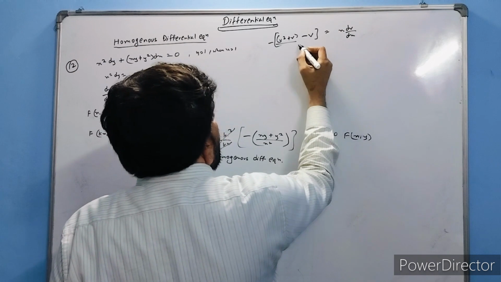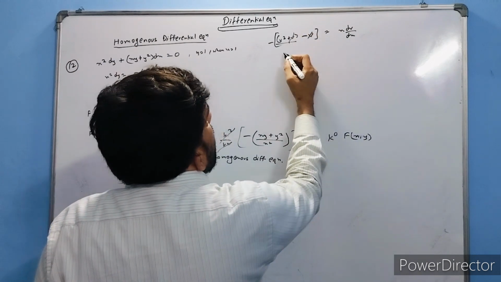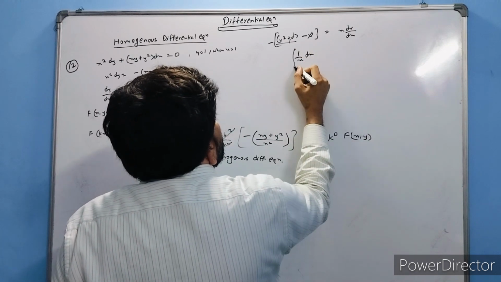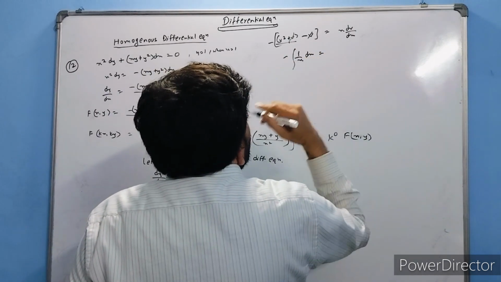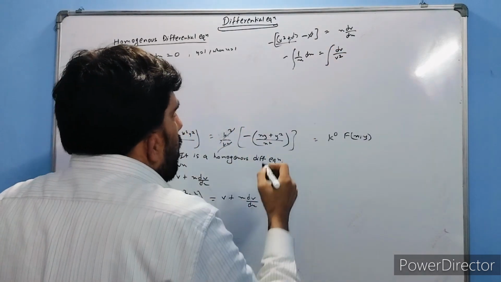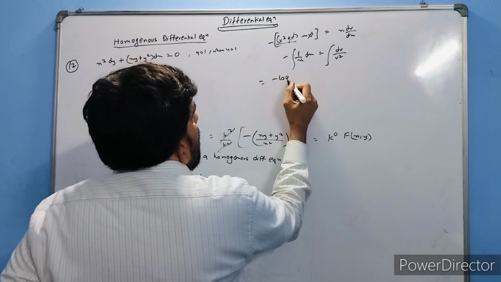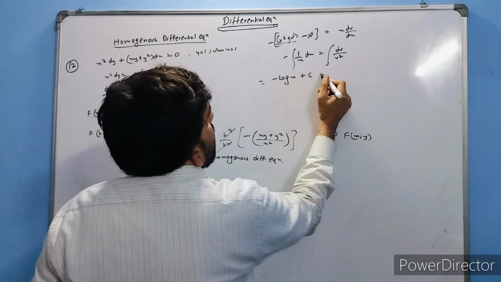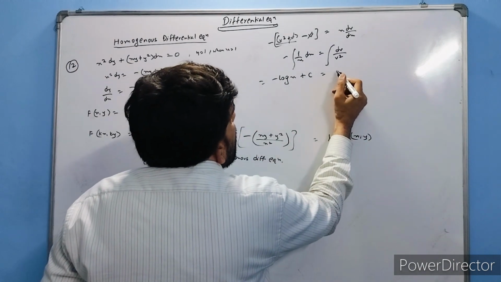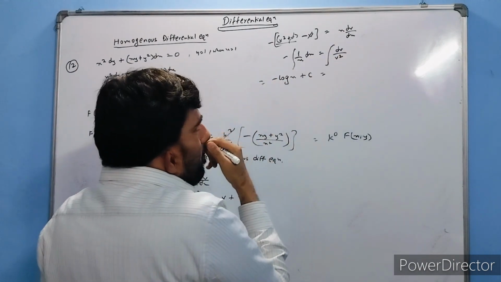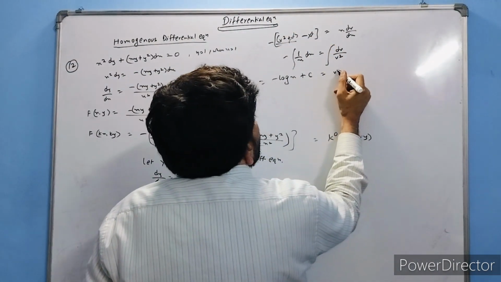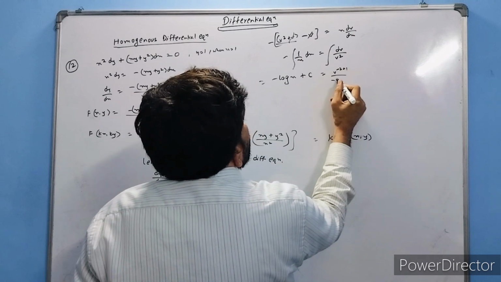So now we have reduced this, we got dv upon v square equals minus 1 upon x dx. We all know this, minus log x plus c is equal to v to the power minus 2 plus 1 upon minus 2 plus 1.